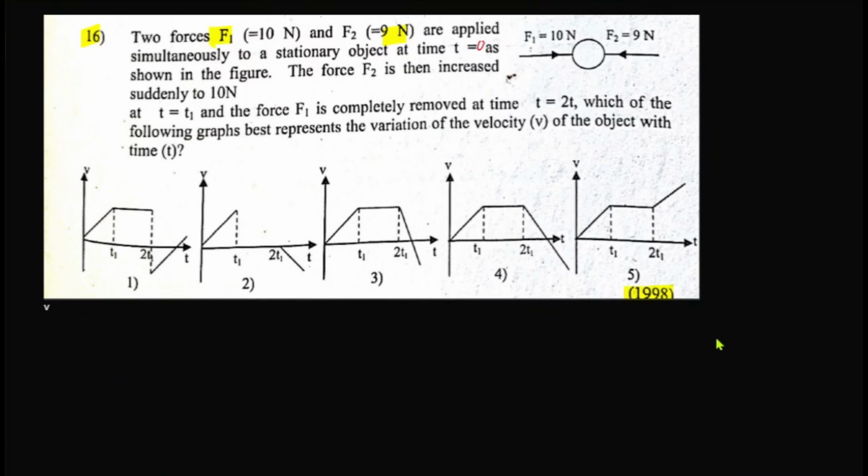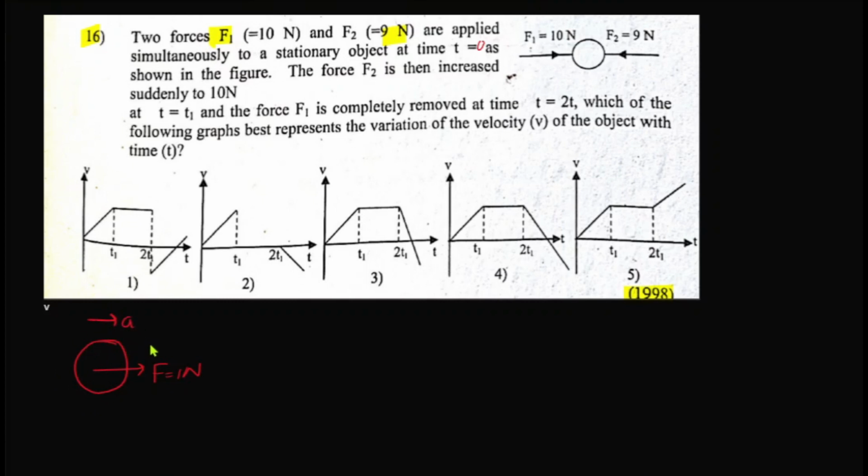So initially at t equals 0, 10 and 9 means there is a resultant force of 1 Newton in the right direction. If there is a resultant force, there should be an acceleration according to Newton's second law.